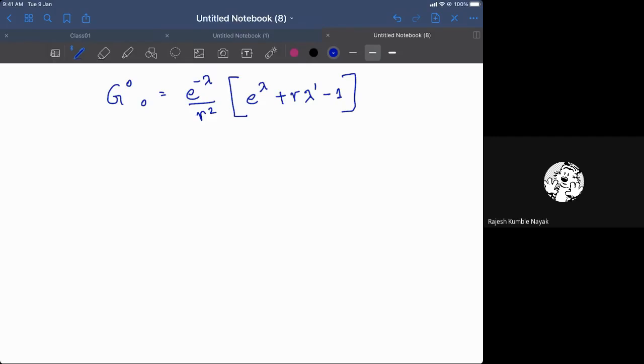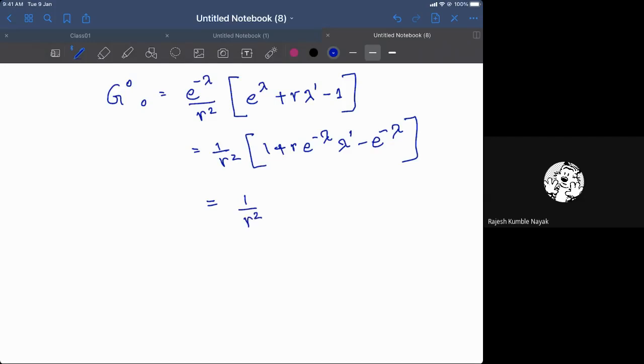You can pull this in, and then you can write it as 1 by r square into 1 plus r into e to the power minus lambda prime minus e to the power minus lambda. This can be further simplified. It's a straightforward algebraic calculation.